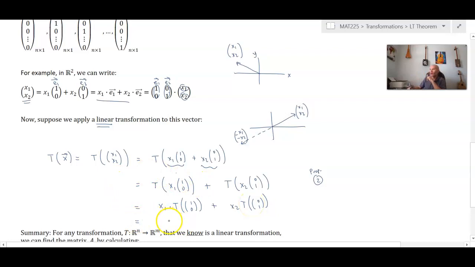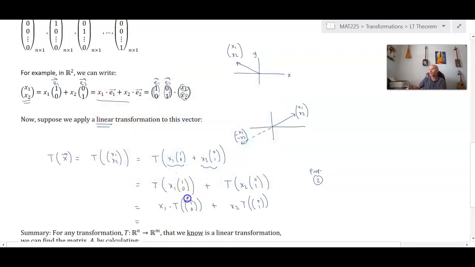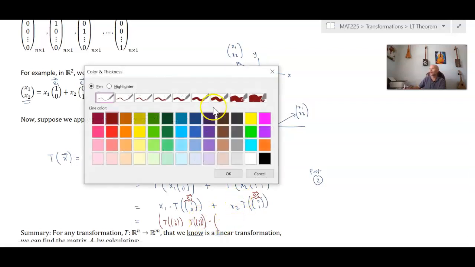Remember, this right here is E1, and this right here is E2. And so what I will do is write a matrix, which will be the transformation of the 1, 0 vector, the transformation of the 0, 1 vector, times the components x1, x2.